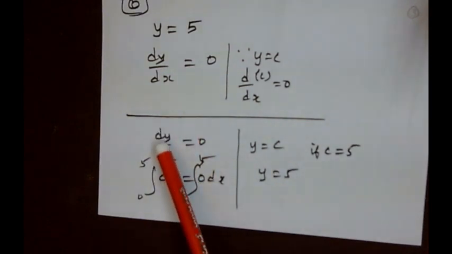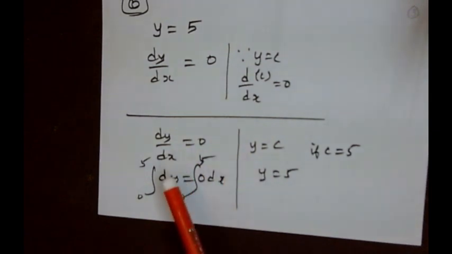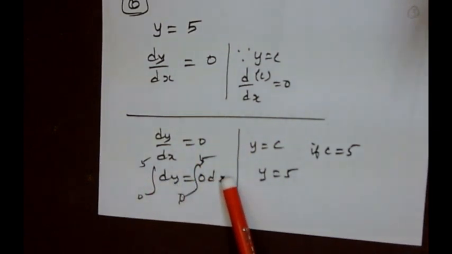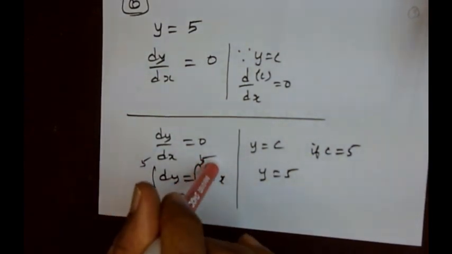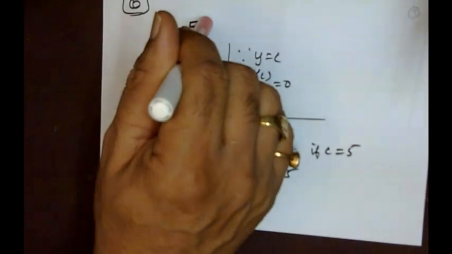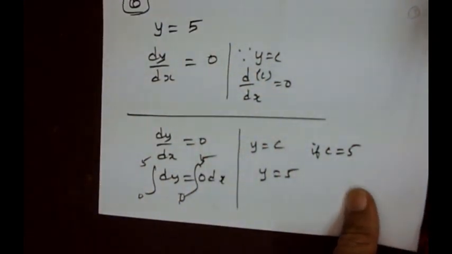But dy by dx is equal to 0, so in this case, dx goes here, so dy is 0 into dx. Okay, integrating 0 into dx gives rise to that value 5. Because the final limit is 5 and we can get back the original value, and that is why we call it antiderivative.